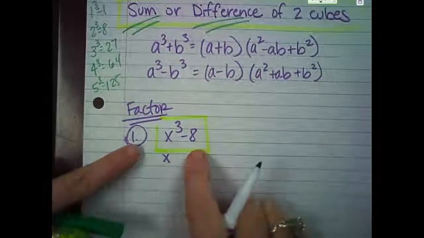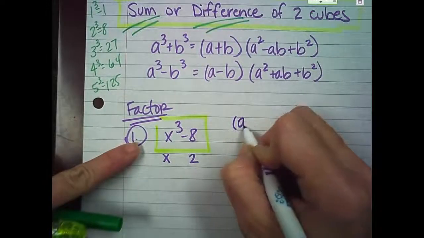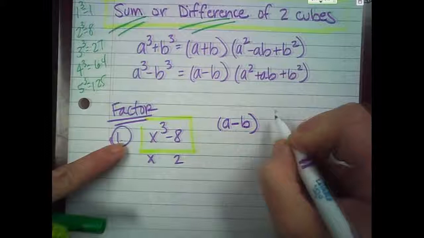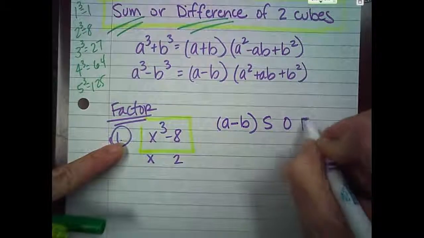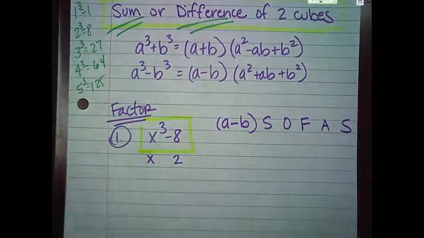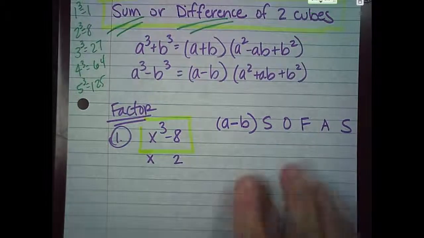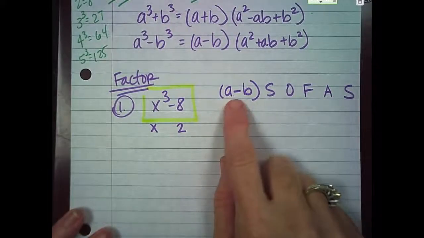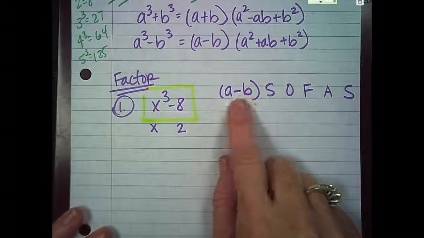Because it's a minus, our little trick is going to be a minus b, and then the word SOFAS, like a couch. SOFAS. Let me tell you what the SOFAS stand for. You ready? The first thing you do is the a minus b. What do you think the a and b are going to be?